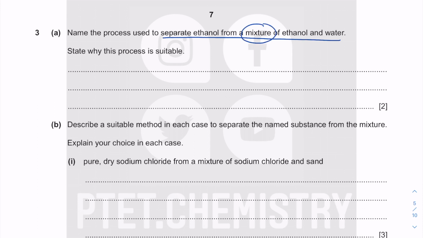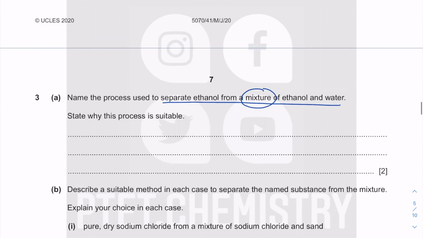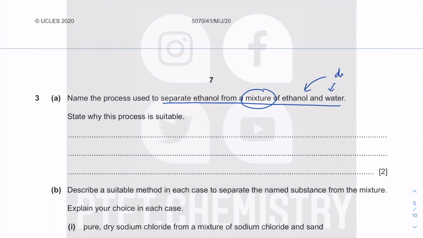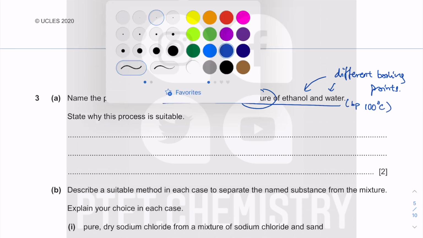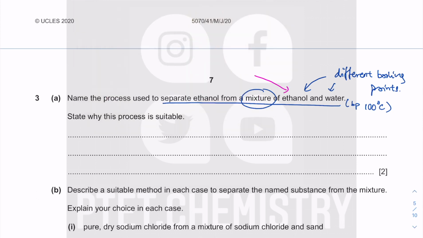So we have a mixture. These two have different boiling points, and without going into too much detail, you're not supposed to remember the number. The boiling point of water is 100 degrees Celsius. Ethanol has a lower boiling point than water. That is a very important concept to note.